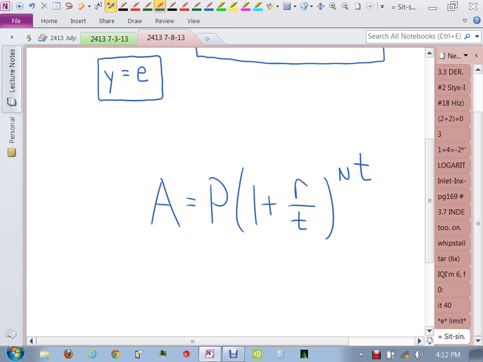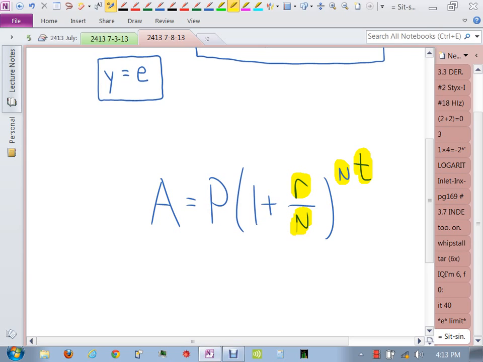They said, look, r is your interest rate. t is the time, how long you're going to leave the money in the bank. And n, hold on, I messed up the formula. It's n down here. And n is the number of times they compound the interest per year.